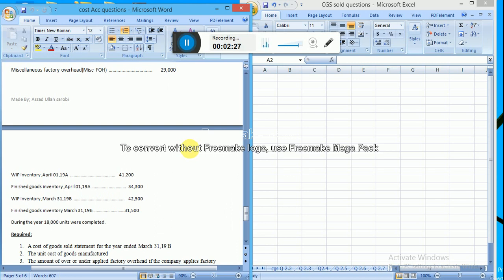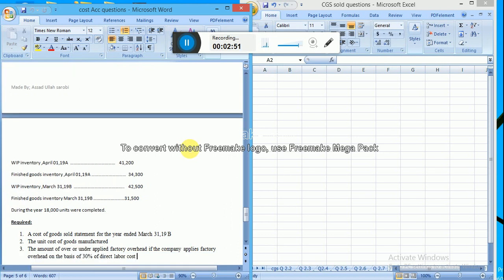What are the requirements? Look at a cost of goods sold statement for the year ended March 31st, 19B. Number 2 requirement, unit cost of the goods manufactured. During the year 19B, how many units did we produce? So the per unit cost is the requirement.